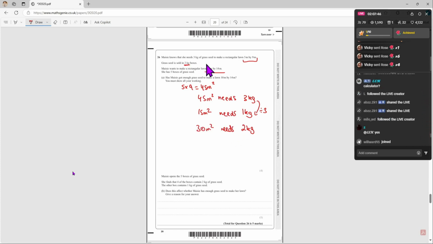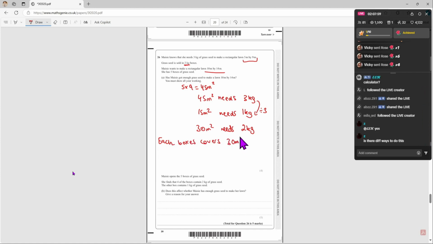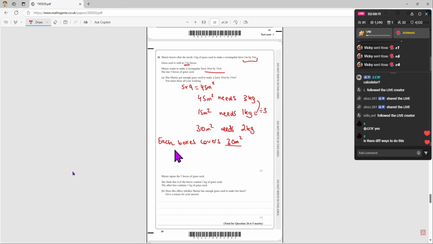We know that each box covers 30 meters squared of area, okay? Because each box is 2 kg, we worked it out by dividing and multiplying, and we worked out each box covers 30 meters squared of area, okay?